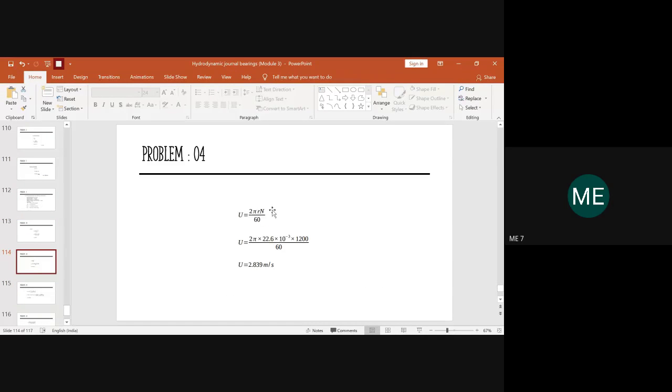It is 2 pi R n upon 60. Only the variation is due to the change in the radius of the journal, right? So here the radius value is 22.6 into 10 raised to minus 3. So substitute and check whether you get the same value for u. Please see what value you are getting for u. 2.839. Okay. So please substitute the same value for the load bearing capacity problem over here.